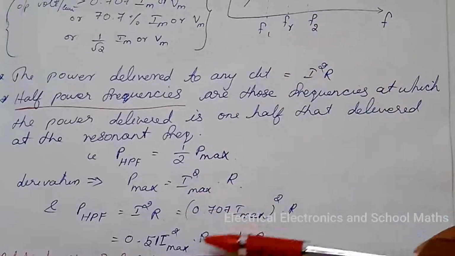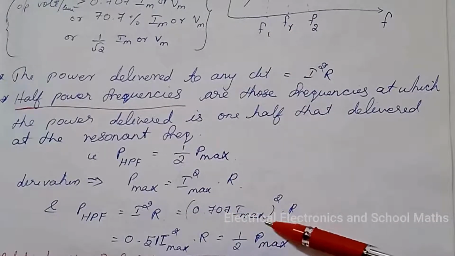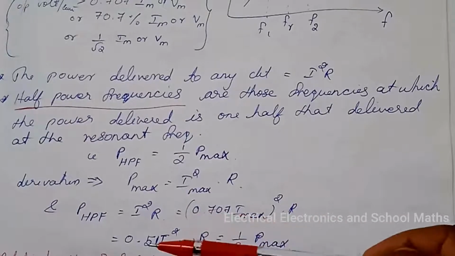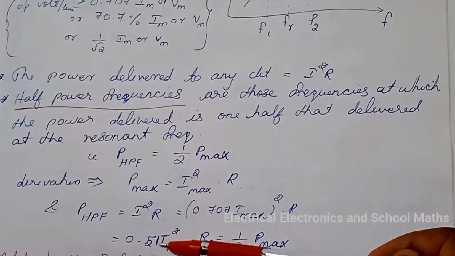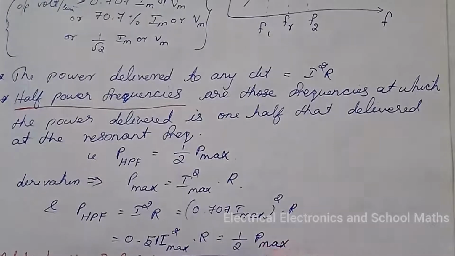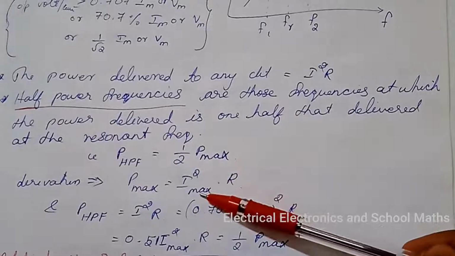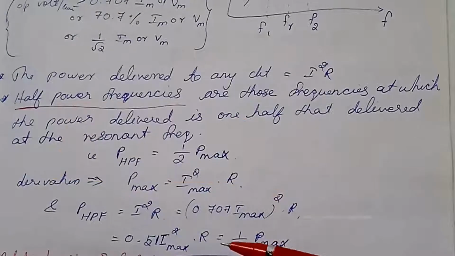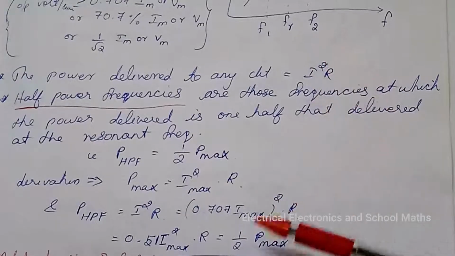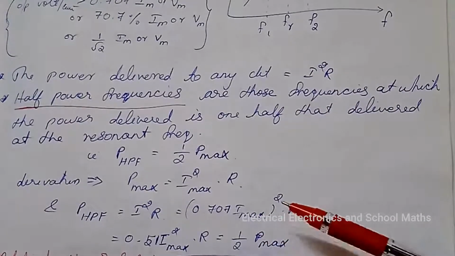So (0.707 I max) all square into R gives 0.5 I max square into R, which is equal to half P max. And this is why F1 and F2 are called the half power frequencies.